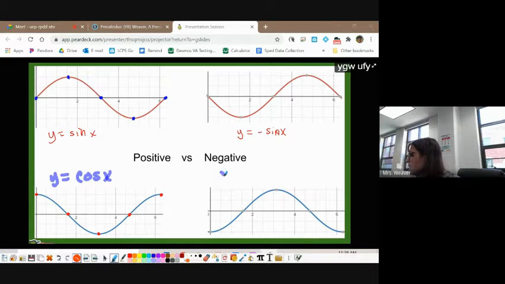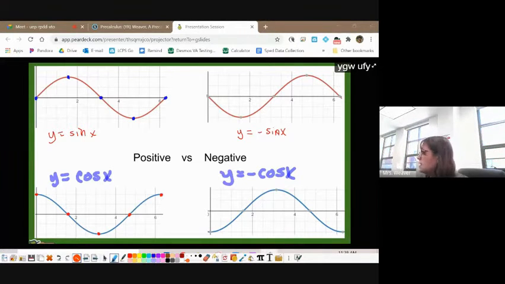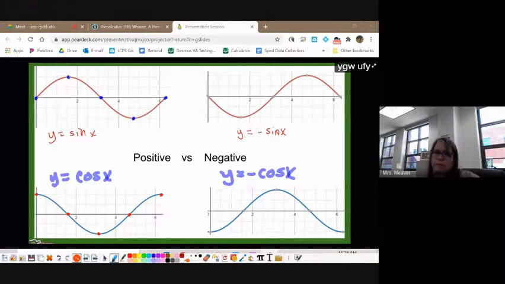But in the second graph, it's y equals negative cosine x, and that negative reflects it across the x-axis. So instead of starting at the maximum like positive cosine, because it's a negative cosine, it's going to start at the minimum, but then it will still follow that wave: minimum, midline, maximum, midline, minimum. Questions for me on what the negative does to those functions? Okay.